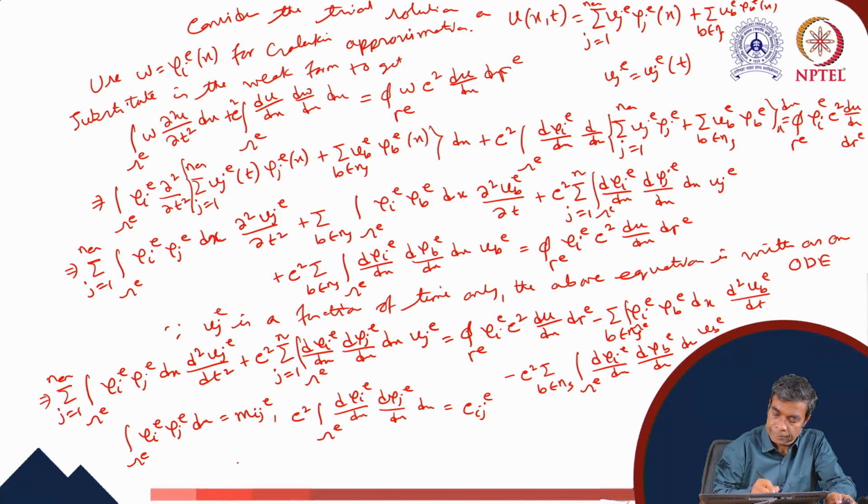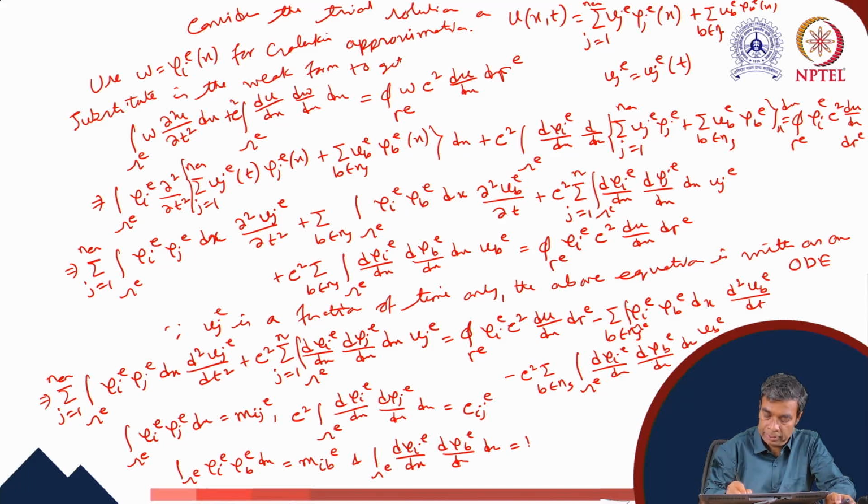Then integration over omega e psi ie psi be dx equals to MIBE, and integration along omega e d psi ie dx d psi be dx we can write it as KIBE.